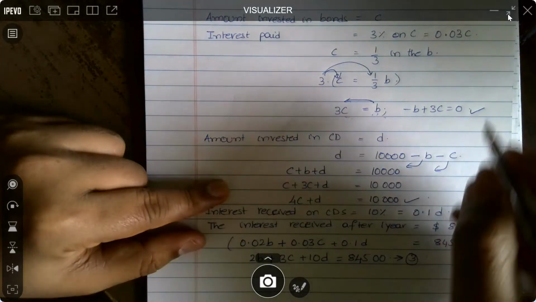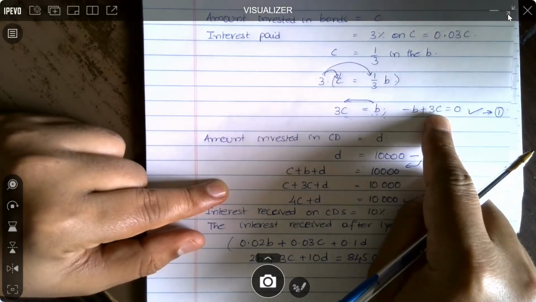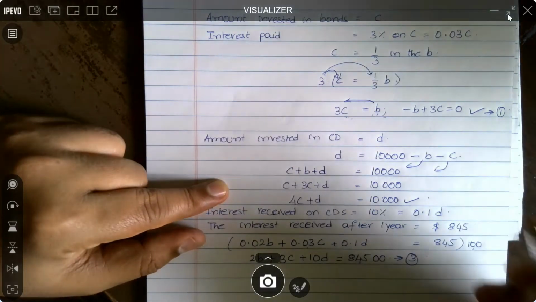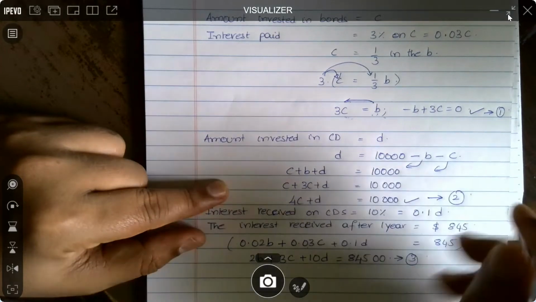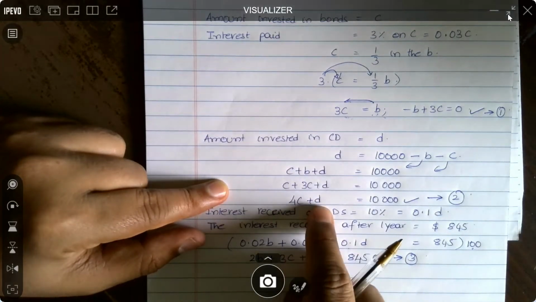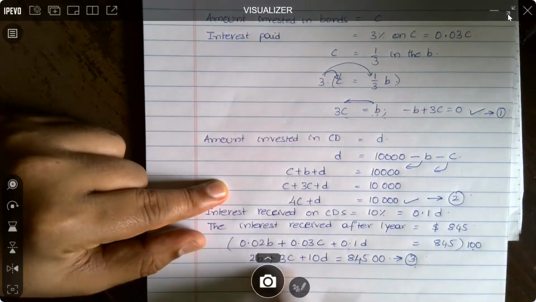So equation 1 is negative b plus 3c equals 0. Equation 2 is 4c plus d equals 10,000. Equation 3 is the interest equation.